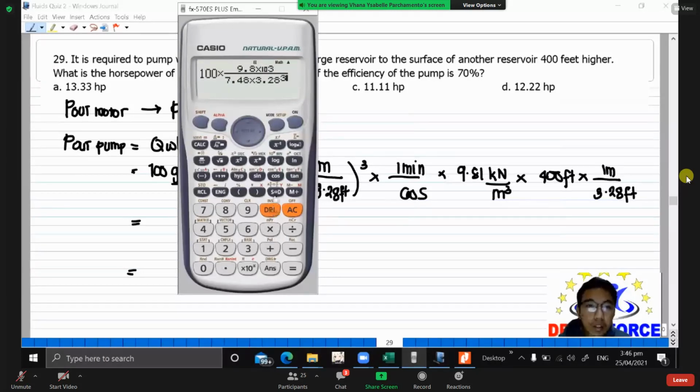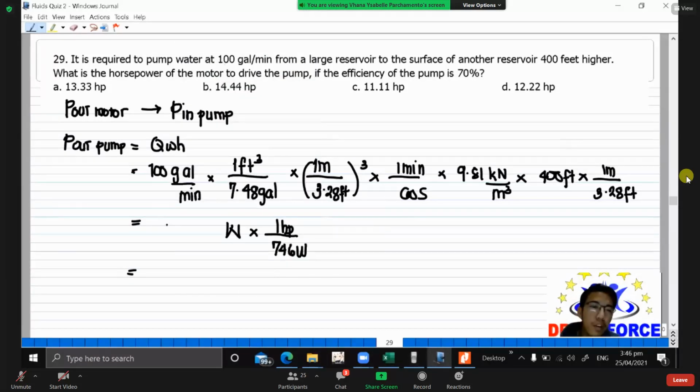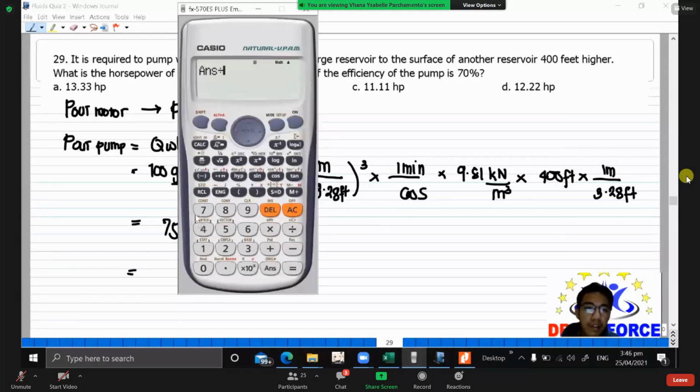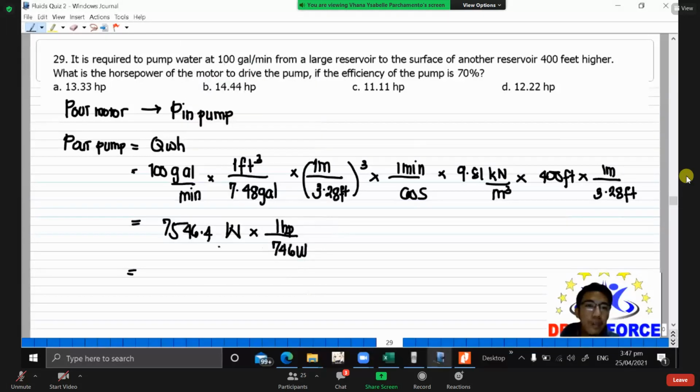Times 60 times 3.28. Nakalimutan natin yung 400. We have 7546.4. Pag ginawa natin yung HP, so divided by 746, 10.11 HP.